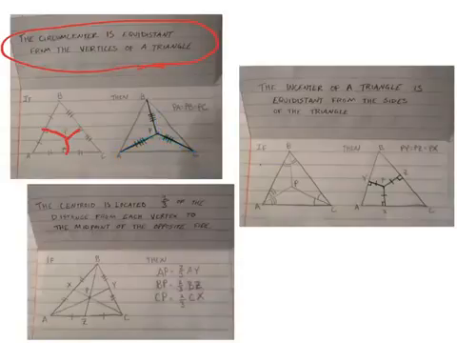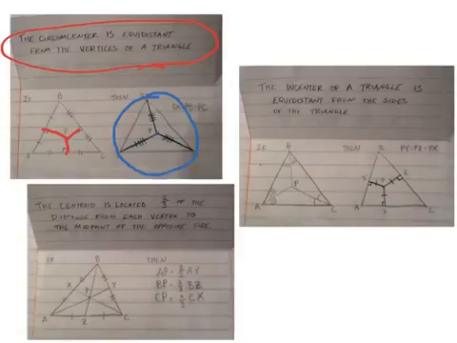This allows us to use the circumcenter as the center of a circle to circumscribe our triangle. And as a reminder, the circumcenter does not necessarily have to be inside of a triangle.